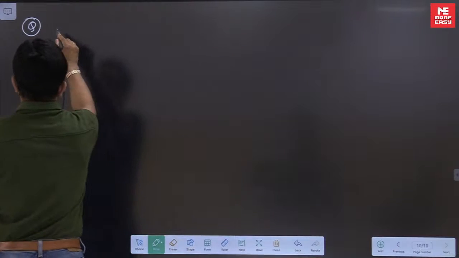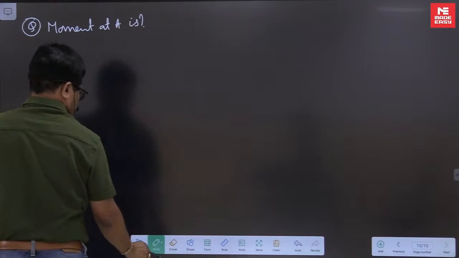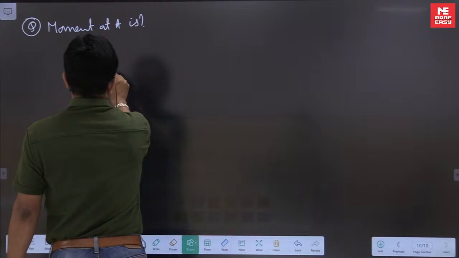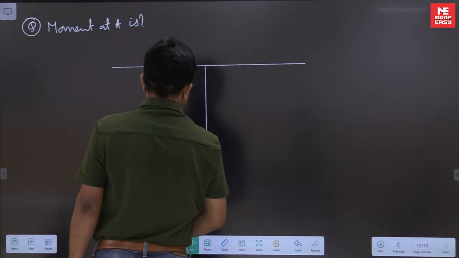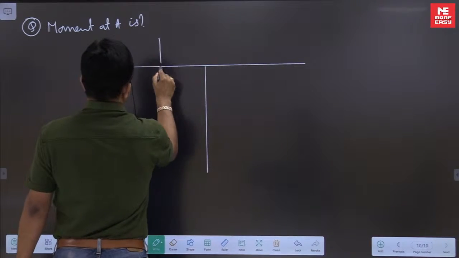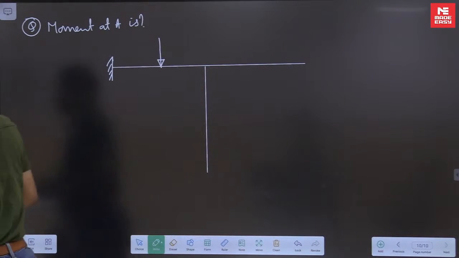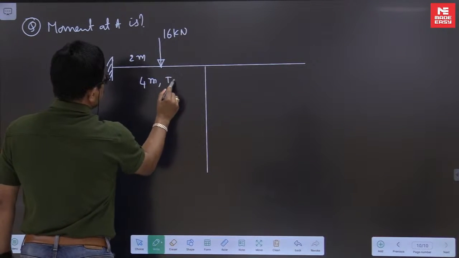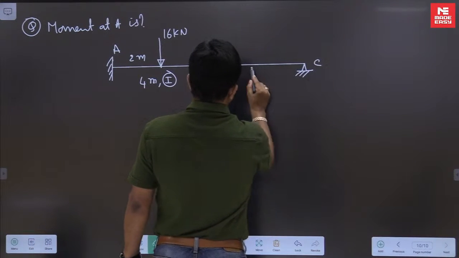See, moment at A. Let us say this load value is 16 kilonewton. This is 2 meters, 4 meters, I, B, C.